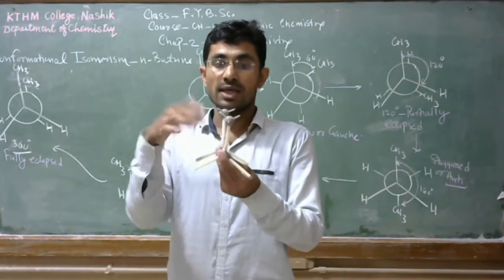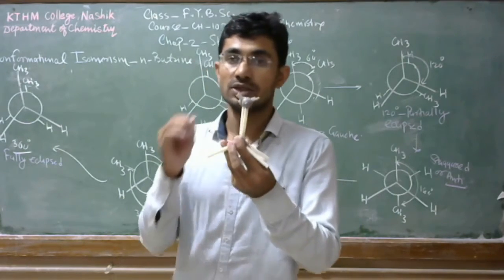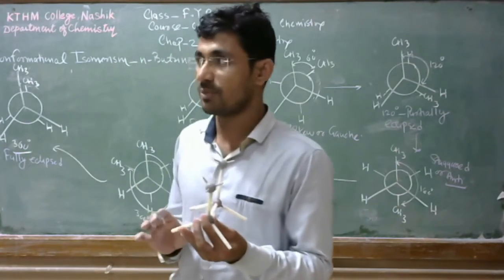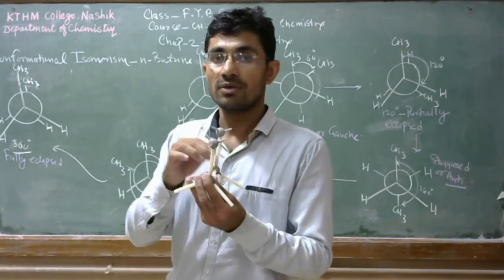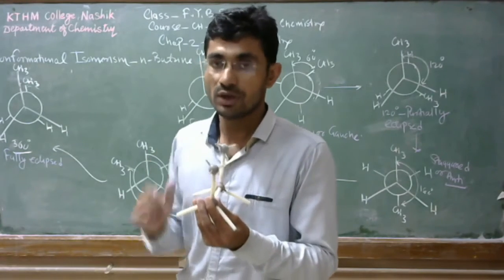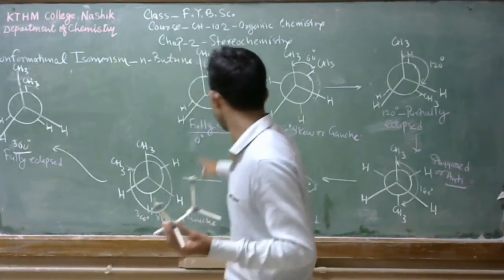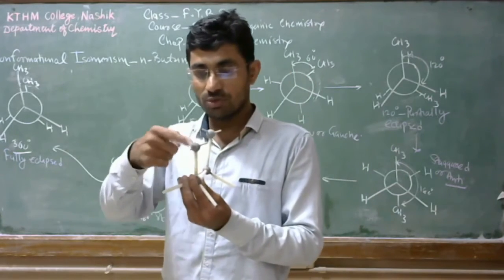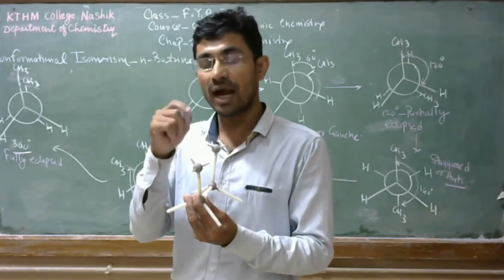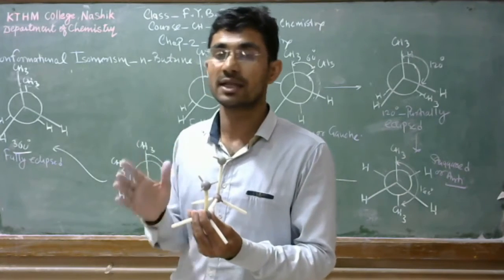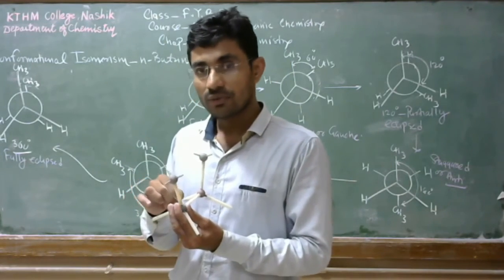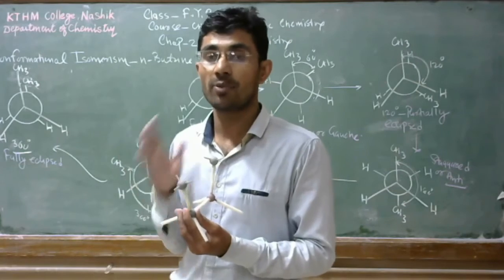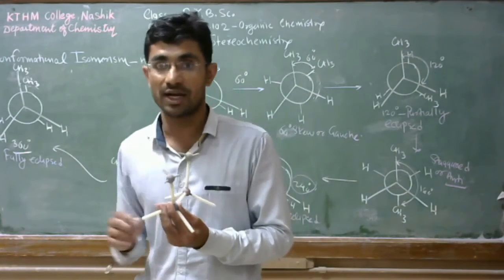So this is the angle 0 or 360. For this we can observe which conformation? Fully eclipse conformation. In this conformation, the angle between the two methyl groups is 0 or 360, so we get fully eclipse for this. We can observe that these two methyl groups show the eclipsing kind of interaction.